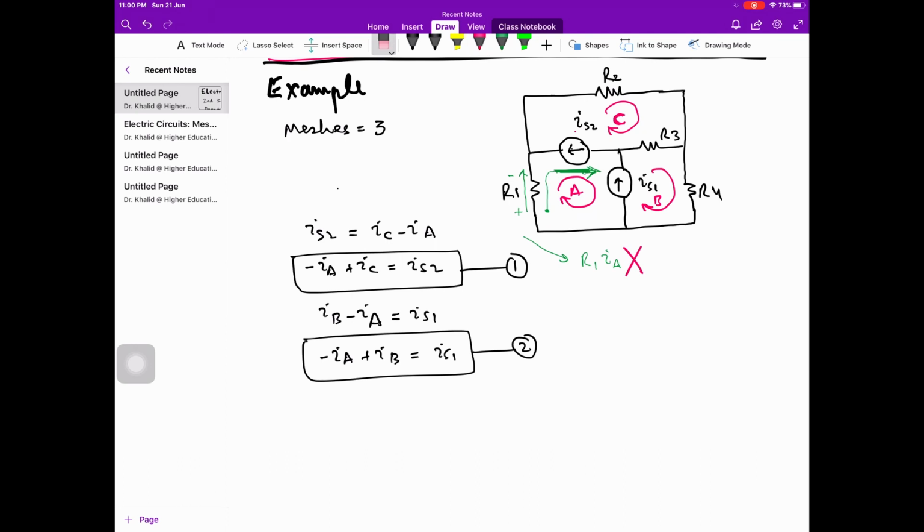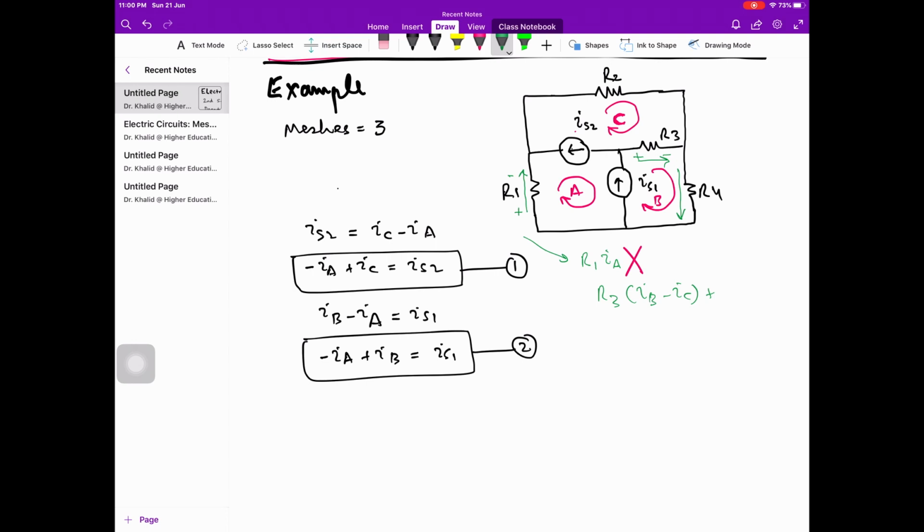Now, if we see mesh B, we know the voltage drop across R3, which is R3 multiplied by IB minus IC. Yes, we know the voltage drop over here.